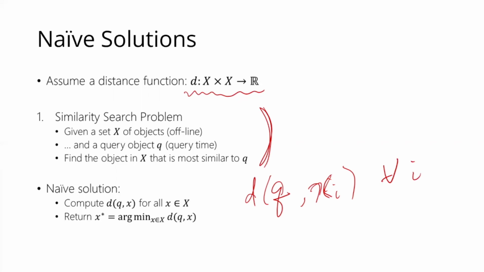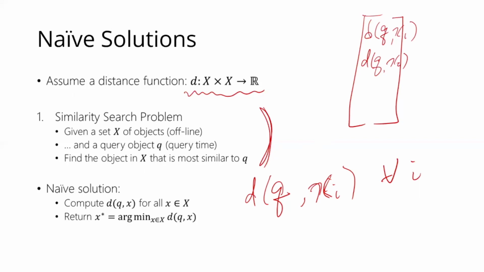After doing this, you're going to have a vector where the elements are the distances from each of the objects: d(q, x1), d(q, x2), up to d(q, xn). Sorry about my drawing.